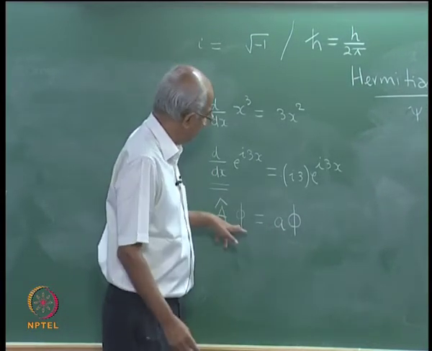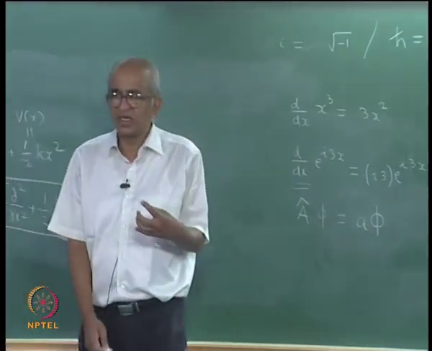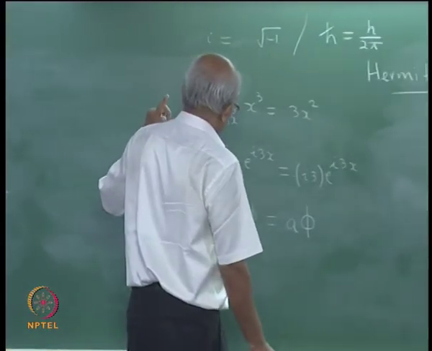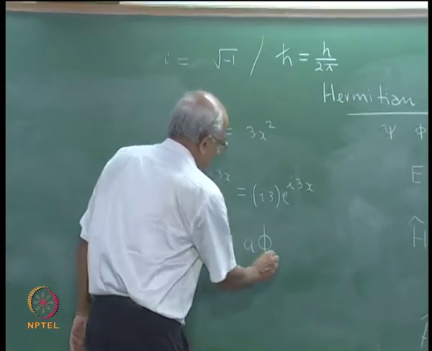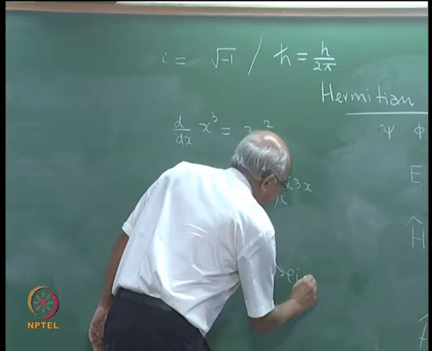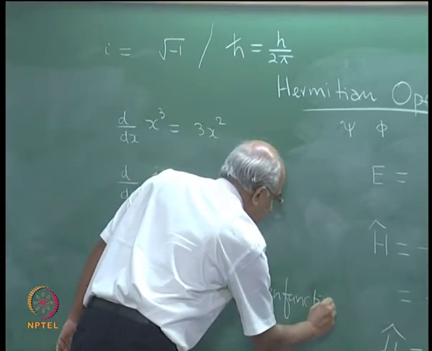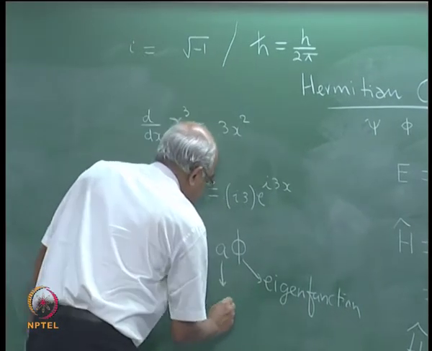Then I say that this phi is special and it is an eigenfunction of the operator A, and small a I will refer to as the associated eigenvalue. So, this is the eigenfunction and small a is the eigenvalue.